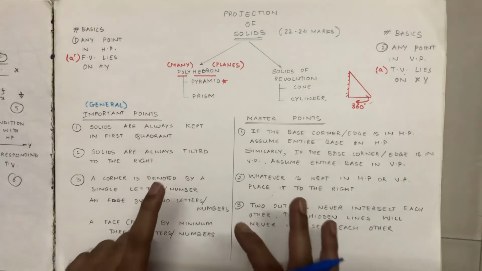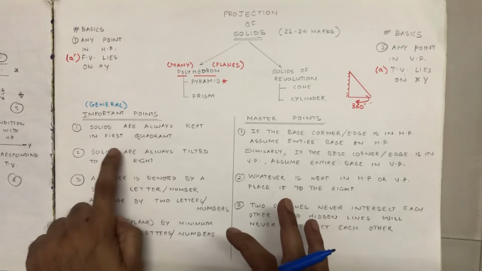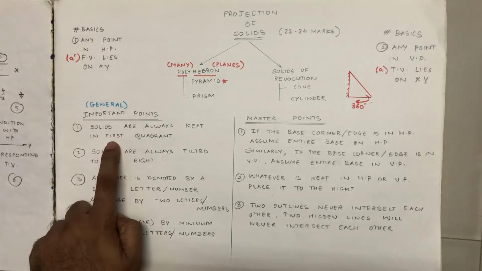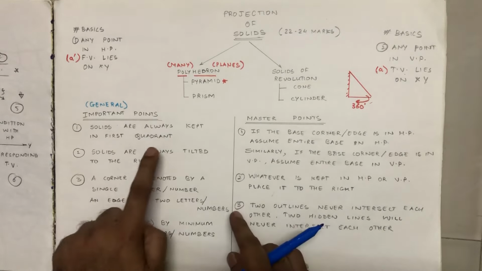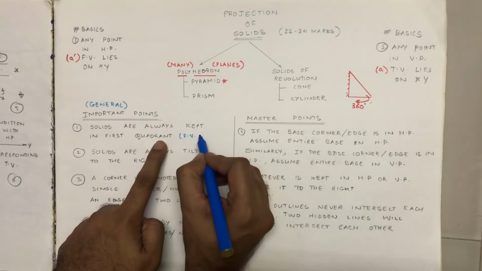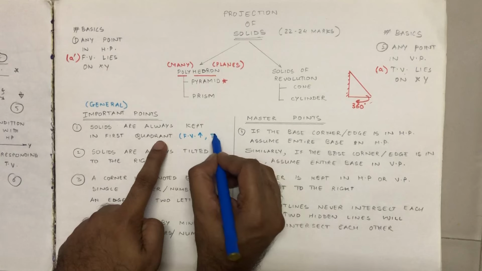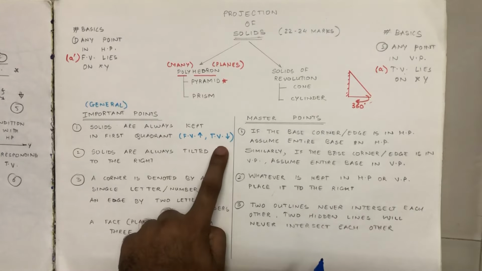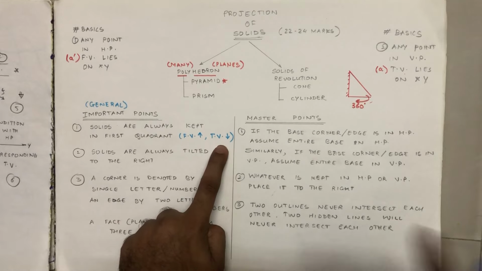What is the implication of that? We know that any point in the first quadrant, the front view lies above XY and the top view lies below XY. Remember this? This is what we did in projection of points.